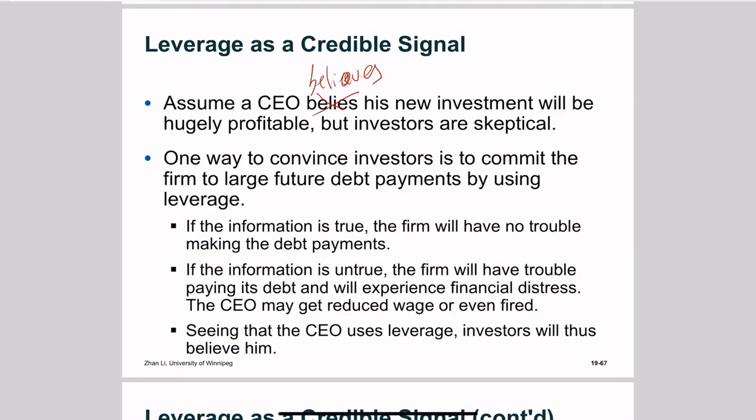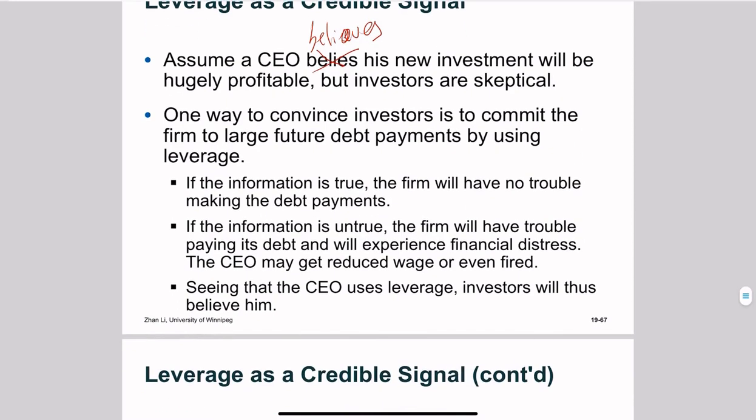Now, how can the CEO convince investors? Well, the firm can actually use debt as a signal to these investors that indeed this investment is a good investment. Why? Well, let's see this.